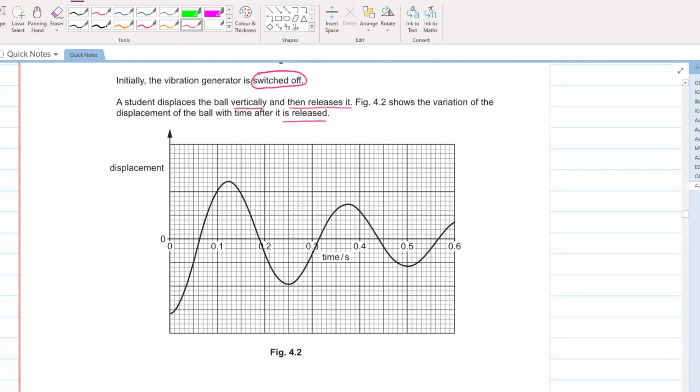Now, right off the bat, I can observe some things. The amplitude here is decreasing. Can you see that the amplitude here is decreasing? What does that mean? This means it is light damping.